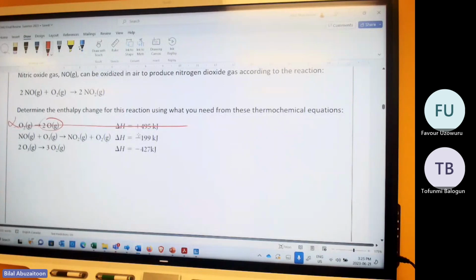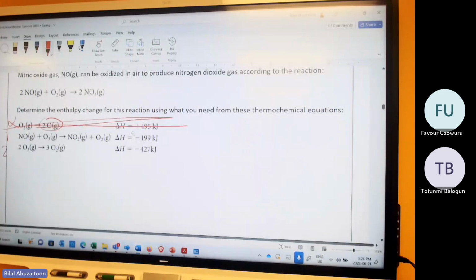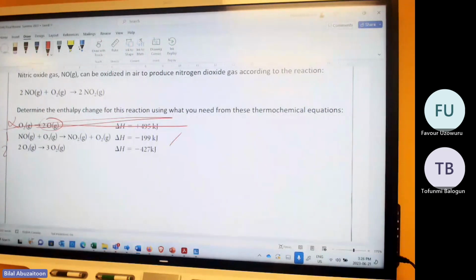So O3 should be crossed out. NO is one of the reactants in the overall equation, and it's one of the reactants in the first equation after ignoring this one. But look at the NO in the overall equation. It is 2NO. That means this reaction should be multiplied by 2.